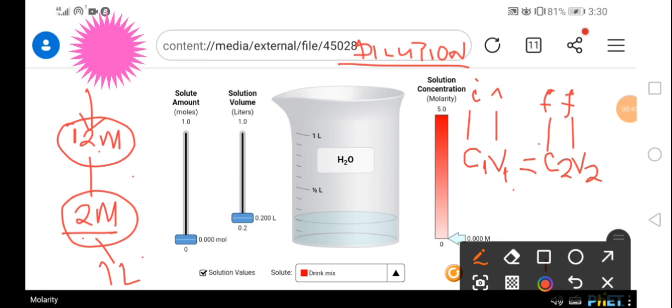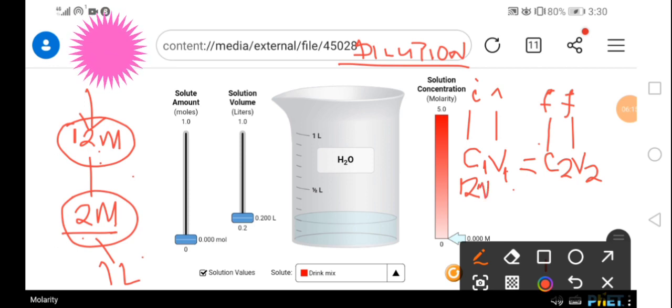This is the formula. So here you are going to say, okay, the initial concentration that you have is actually 12, and the volume you want to get from this 12, you don't know.